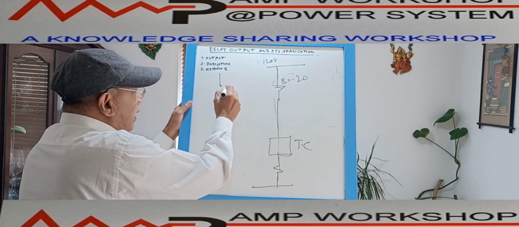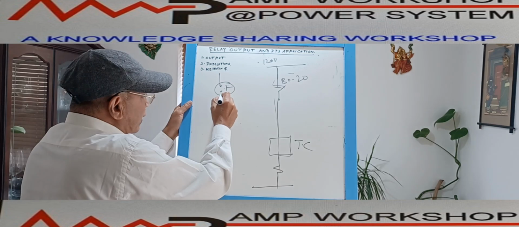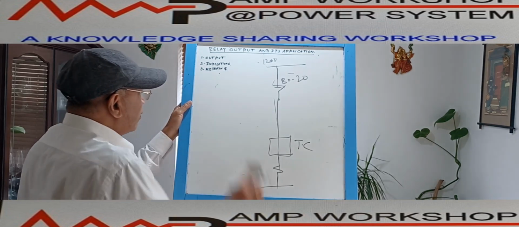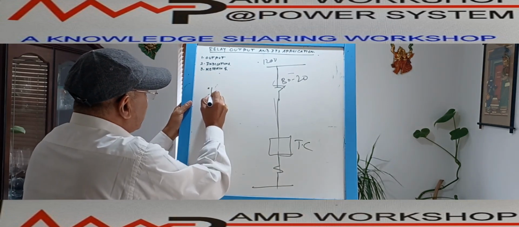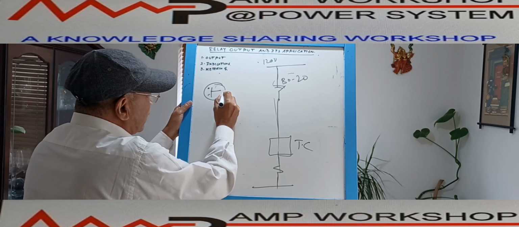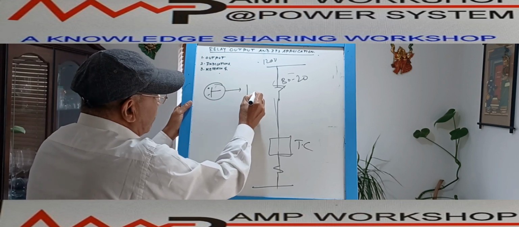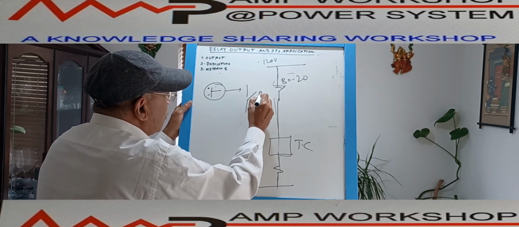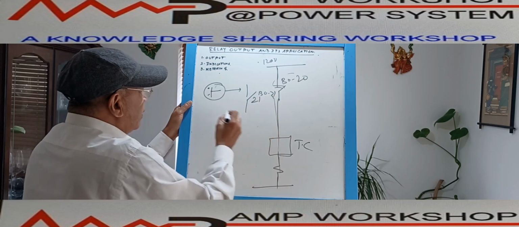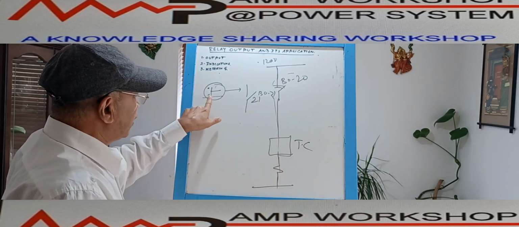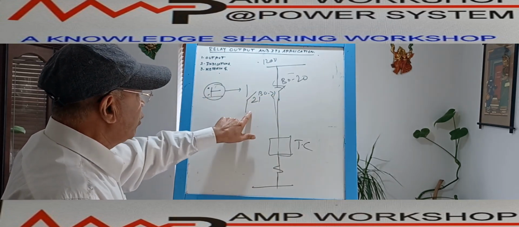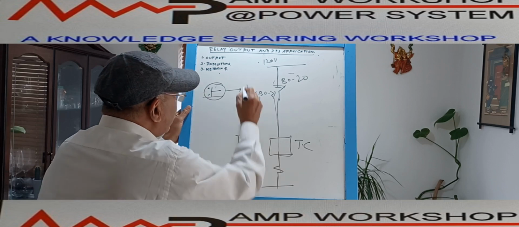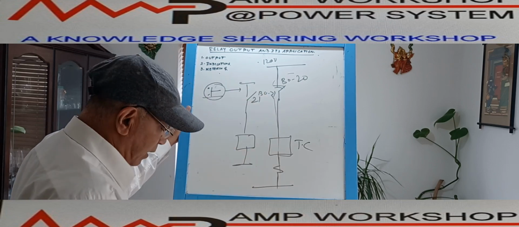When this button is high, it will activate one of the output contacts, output relays. Suppose I assign this push button, which is on the relay itself, to activate one of the binary output contacts, suppose BO21. When I press the tripping button on the relay, binary output 21 will be activated, and that 21 will go to the trip coil and trip the breaker. This way I can do that.